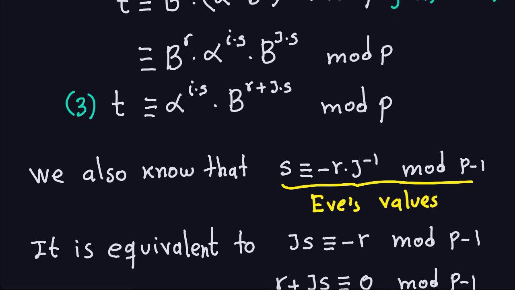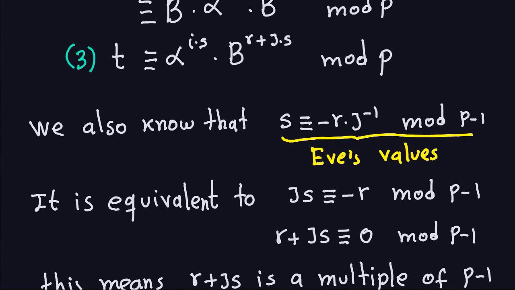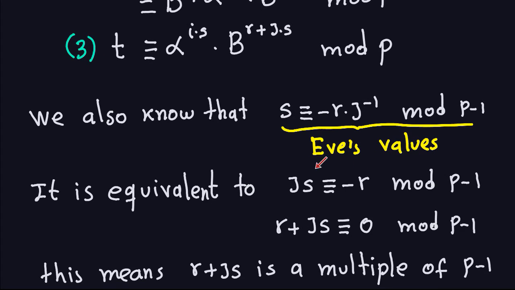Now, after that, I can add r on both sides of this equation. If I add r on both sides, then I get r plus js congruent to 0 modulo p minus 1. Now, what does this mean? This means that p minus 1 divides r plus js. That's the definition of modularity.